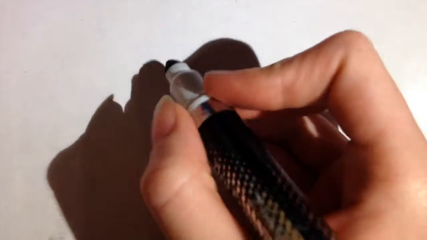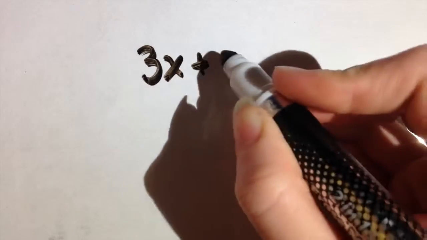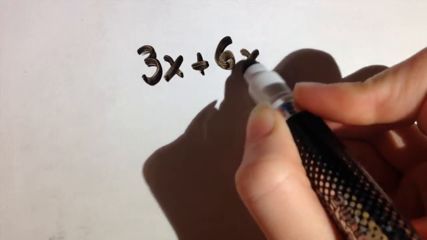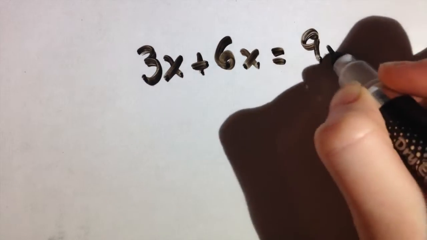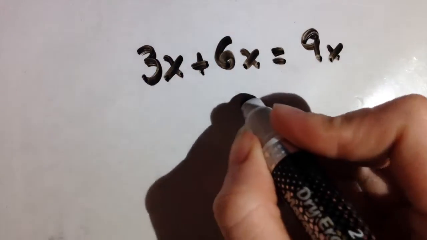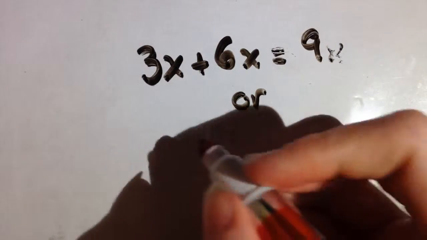So this time, instead of using A's, we're going to use X's. So if you were to do 3x plus 6x, it would give you 9 X's. This would be the same if you were to take a different letter.